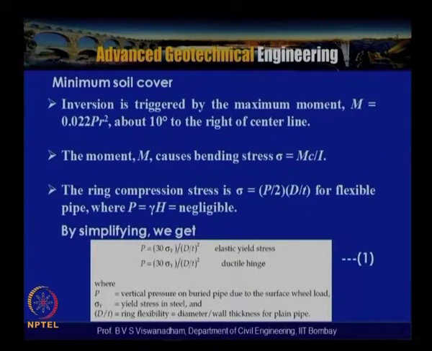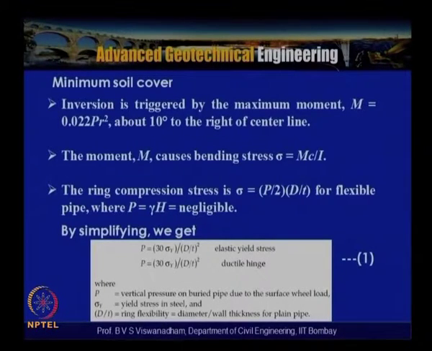Say, for example, if you have about 3.8 meters of pipe having a thickness of about 20 mm, then the d by t ratio is about 190 or so.